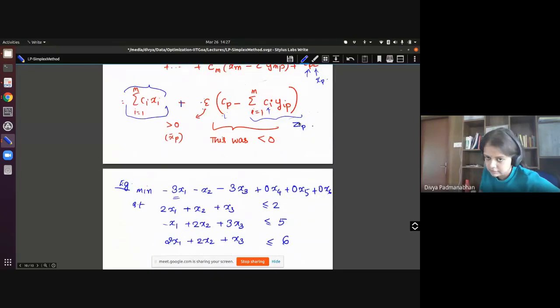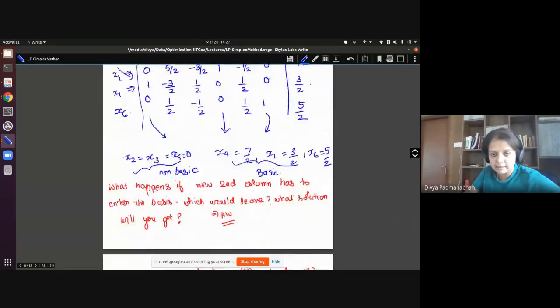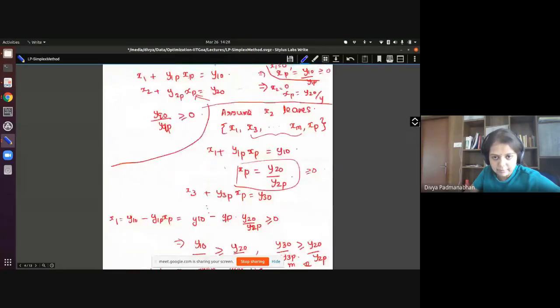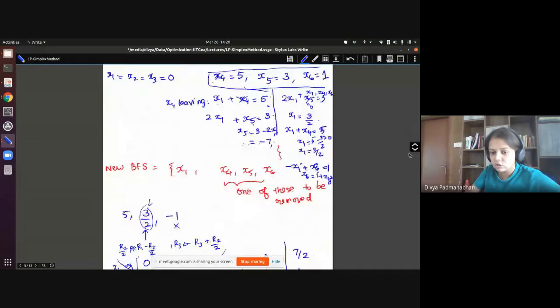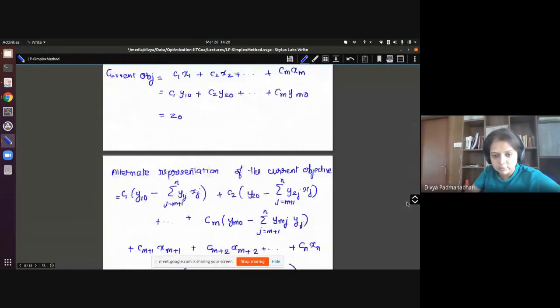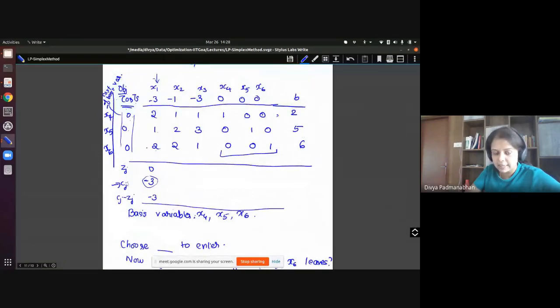Remember, the YIPs correspond to the entry in column P, that's what we had in this basis, that was our notation: Y1P, Y2P, and so on. So these are the YIPs.